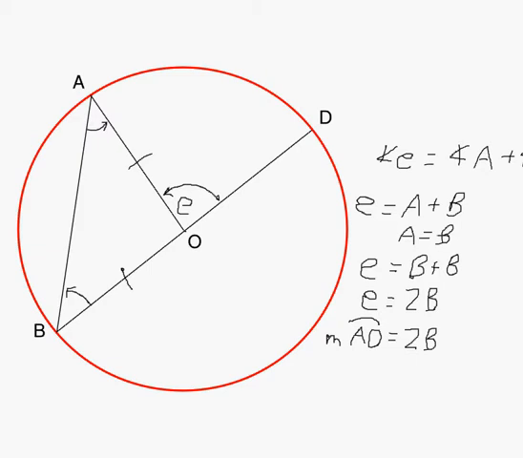Now all we need to do is divide both sides of this by 2. We have just proven that 1/2 times the measure of arc AD equals angle B. And that was what we needed to prove, that the inscribed angle B is 1/2 of the arc that it intercepts on the circle, or B equals 1/2 times the measure of AD.